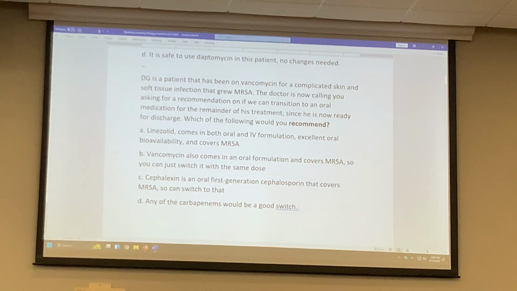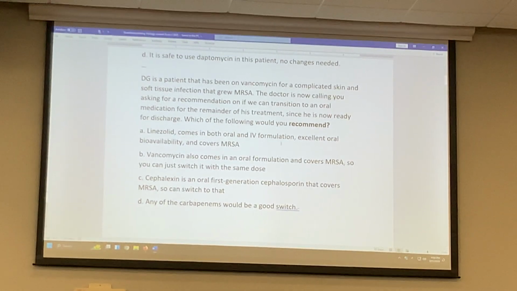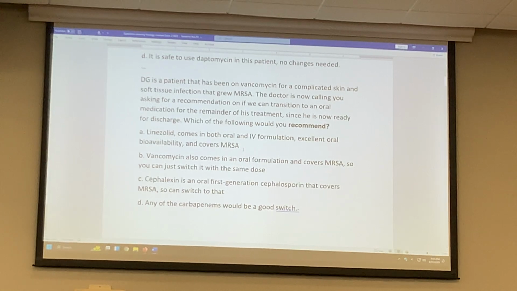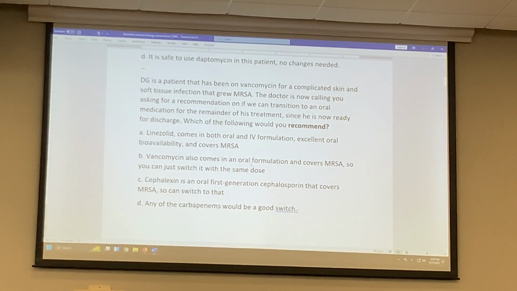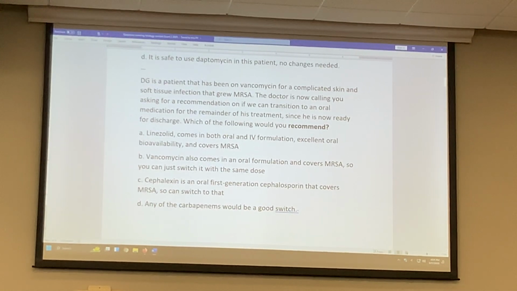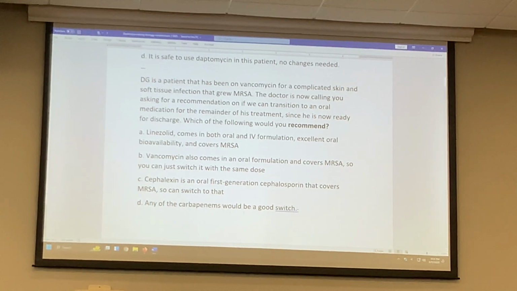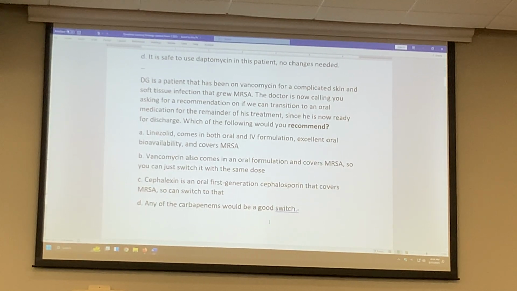A, linezolid can be given, comes in both oral and IV formulation, excellent oral bioavailability and covers MRSA. B, vancomycin also comes in an oral formulation and covers MRSA, so you can just switch to this with the same dose. C, Keflex is an oral first generation cephalosporin that covers MRSA, so you can switch to that. D, or you can give any of the carbapenems as well.